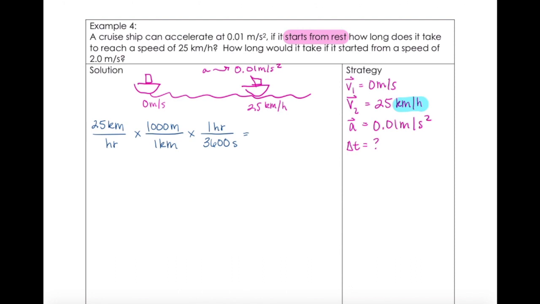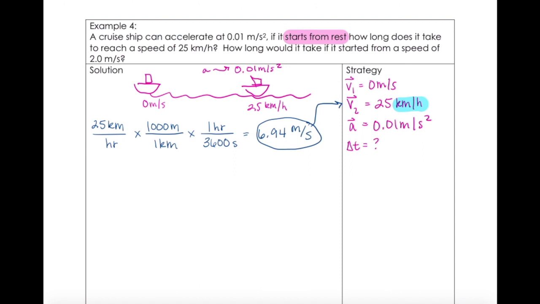And so when we multiply across and then divide, you should get 6.94 meters per second. Okay, so that is our value for the final velocity in terms of meters per second.